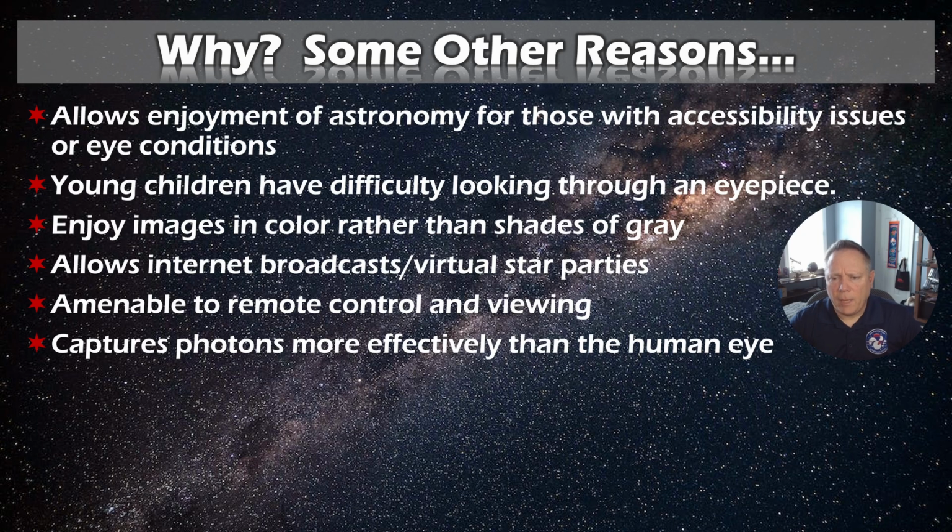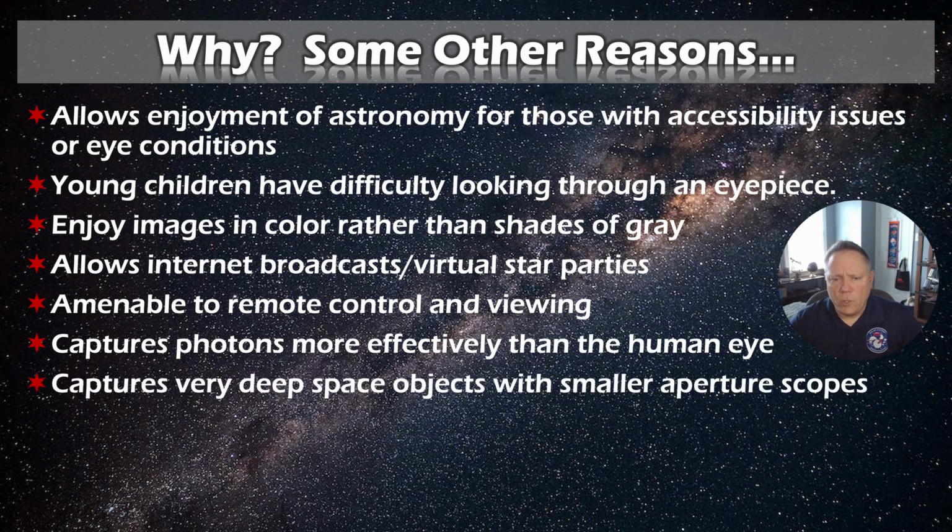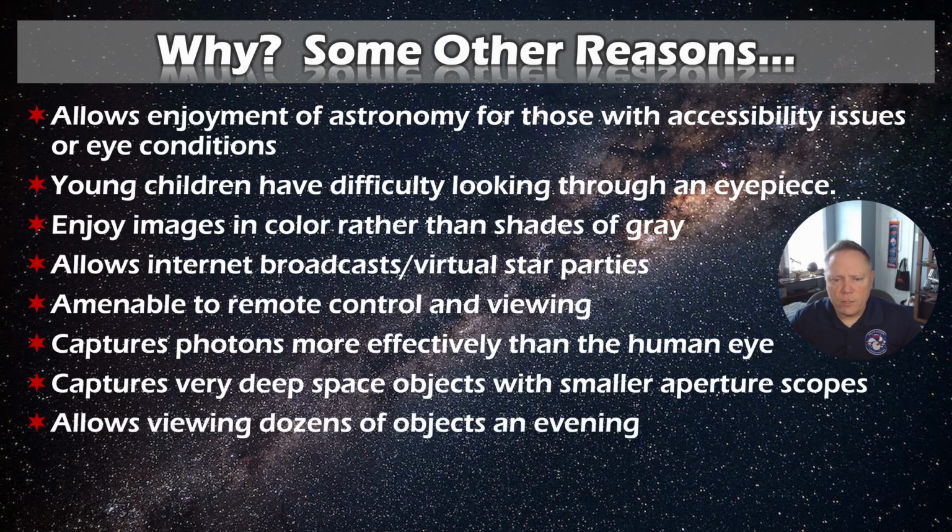And it's also capturing photons much more effectively than the human eye. So you basically are increasing your light grasp with a smaller aperture scope. In other words, you don't need to continue to buy larger and larger aperture telescopes to get some of those dimmer objects.